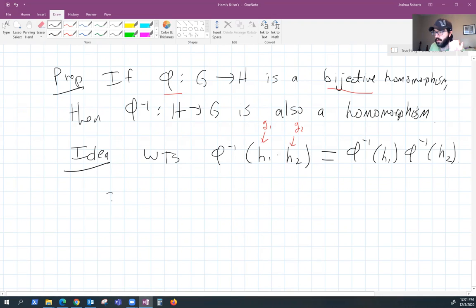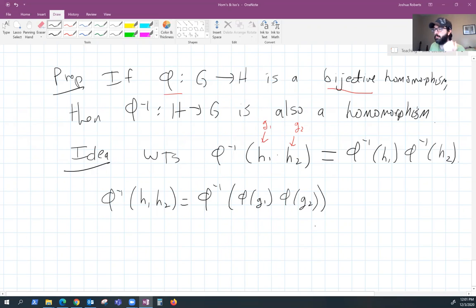So I can write phi inverse of H1 times H2 to be phi inverse of phi of G1 times phi of G2. And remember, all I'm using is the fact that phi is a bijection, therefore it's a surjection. It's onto.